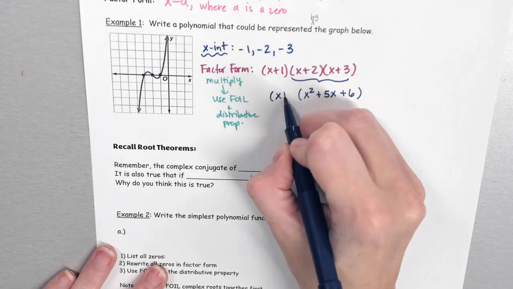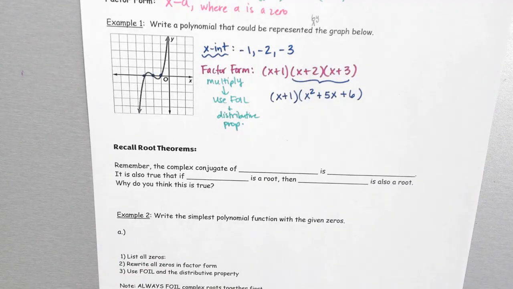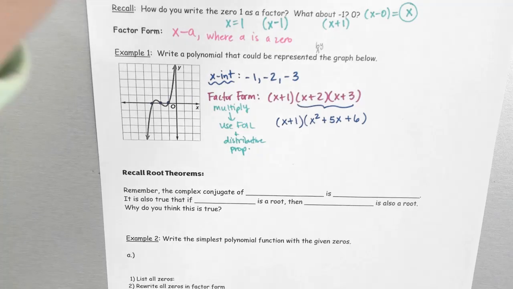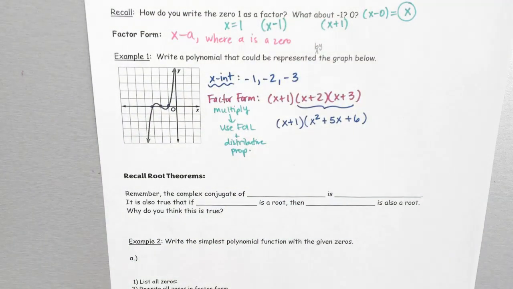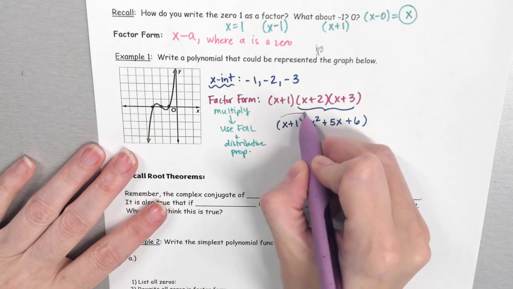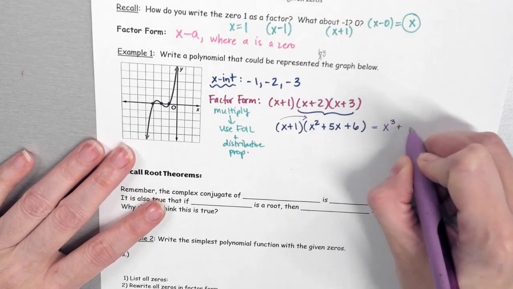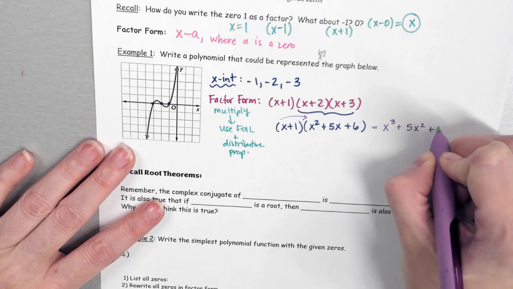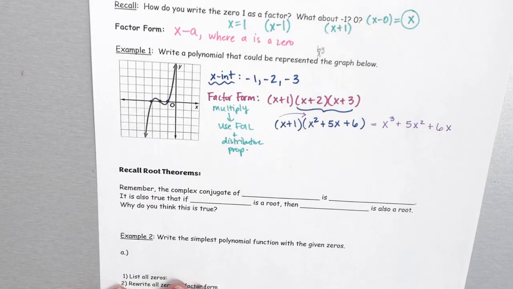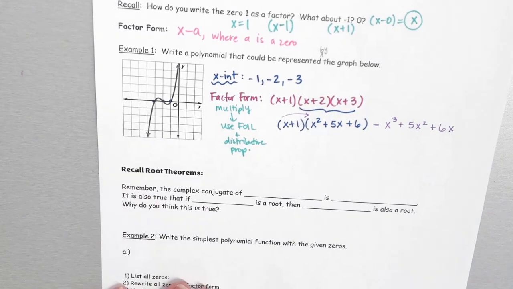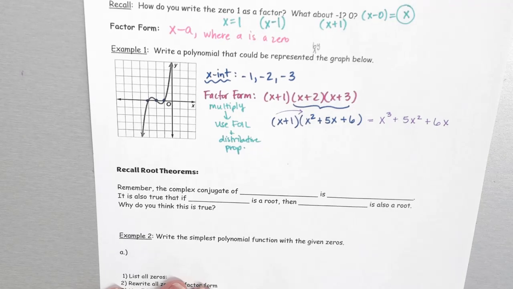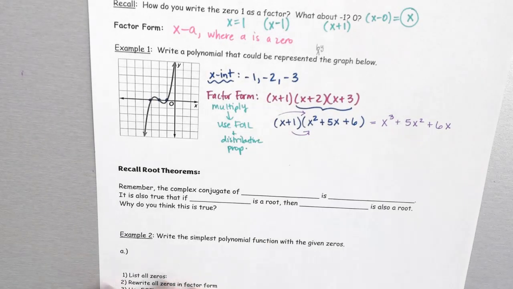This x plus 1 in front still needs to be multiplied, so we're just going to distribute. Okay, so we're going to distribute x to everything. So we'll have x cubed plus 5x squared plus 6x. And then what else do I have to distribute? The 1. We distribute the 1 to everything.